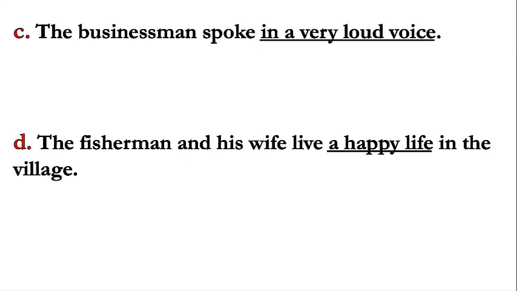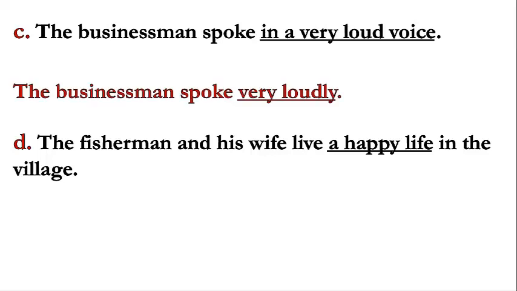A very loud voice, if you want to change it into an adverb, we have to say loudly, very loudly. Dear teacher, the word very comes with an adjective, yes, and very comes with an adverb, yes. No problem. So the answer is: the businessman spoke very loudly.